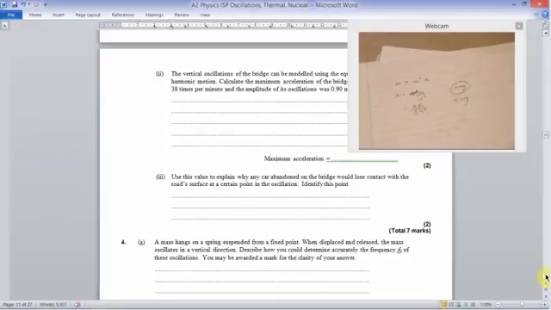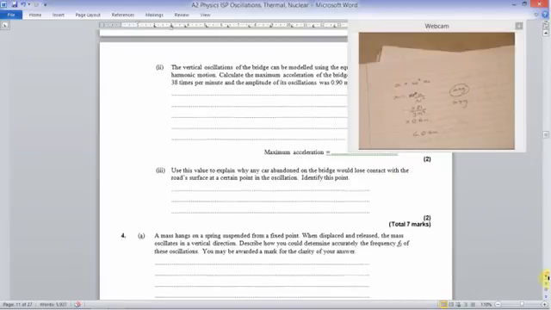So if we do that, we end up with a value of about 0.6. So 0.6 meters would actually detach. So above 0.6 meters, it would detach. So a value greater than 0.6 meters, that's when it loses contact. Okay. Again, tricky question. Work back through that one if you need to.